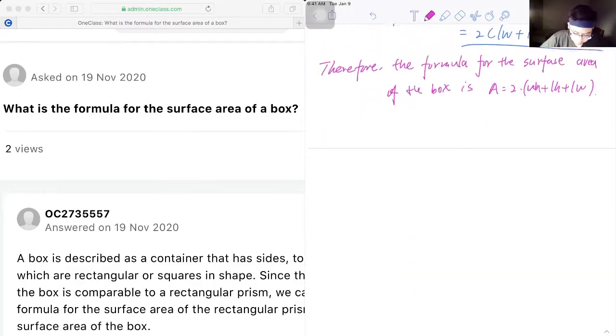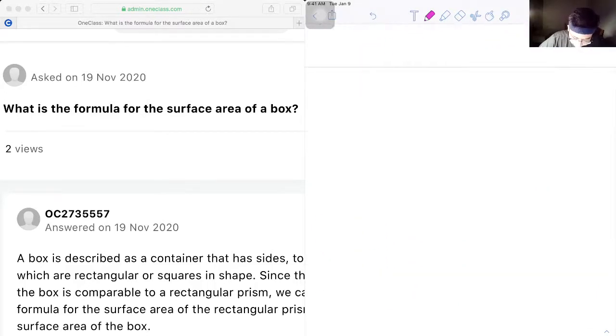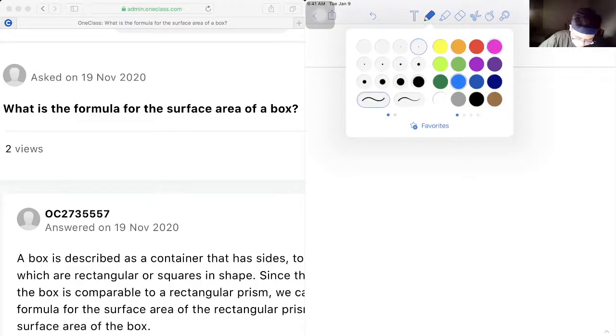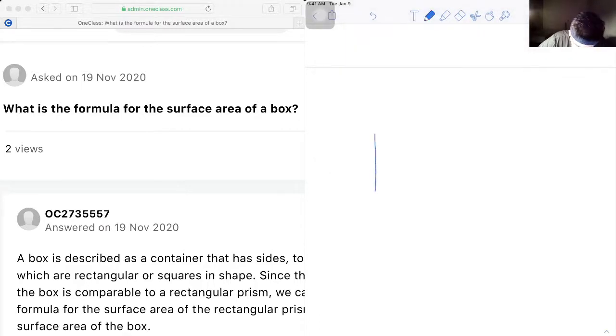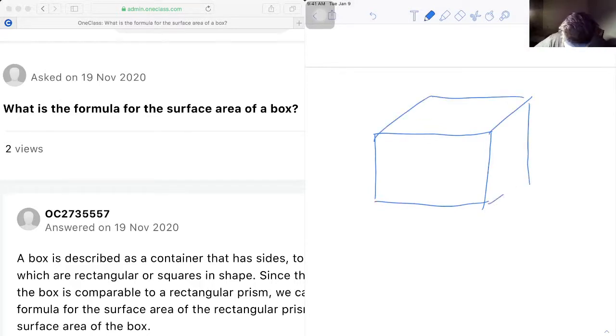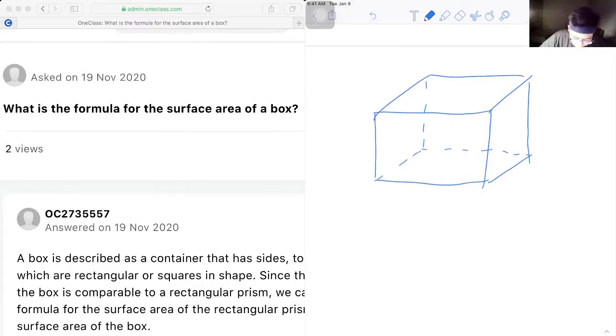So let's try this with an example. Let's say we have a box given by length L is equal to 10, width is equal to 5, height is equal to 2.